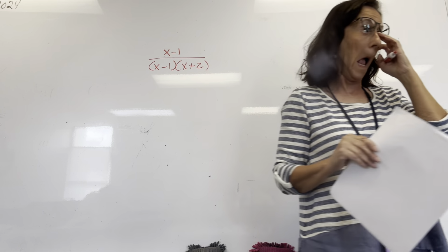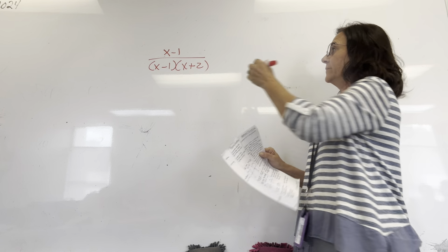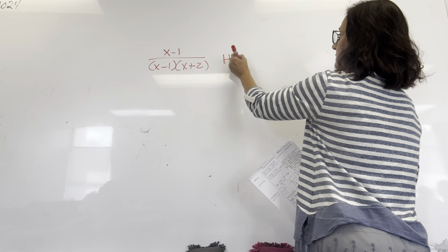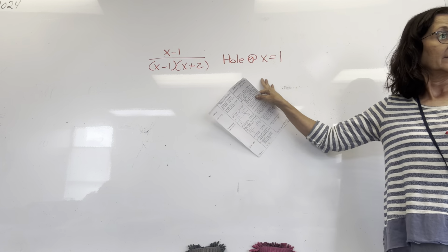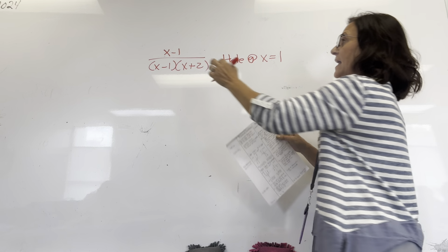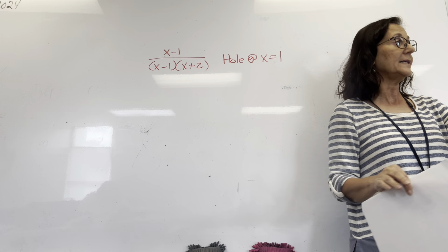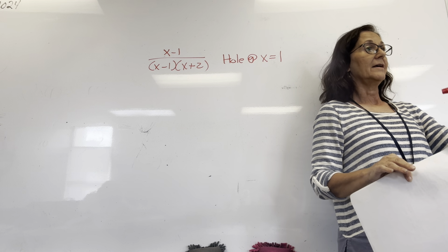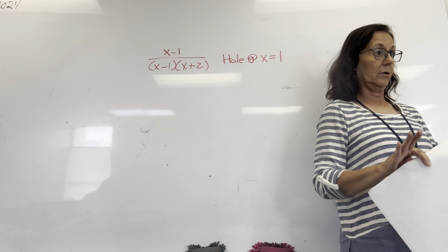There's a hole in the graph. There's a hole at x equals 1. Why? Because that's a 0 of the numerator and the denominator, and their multiplicity is the same. They're both raised to the first power.